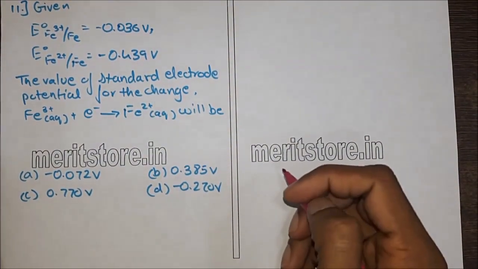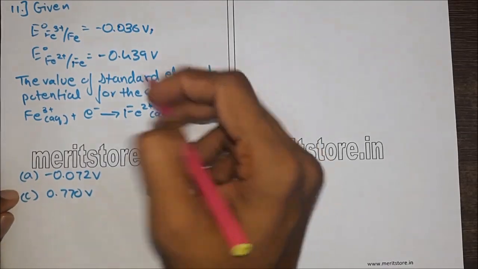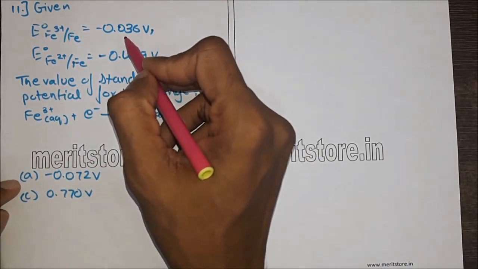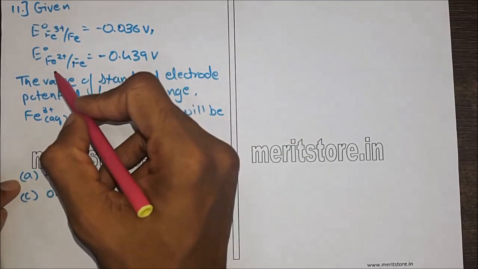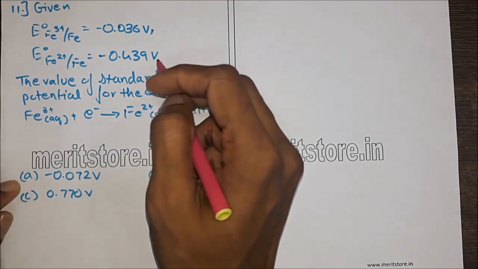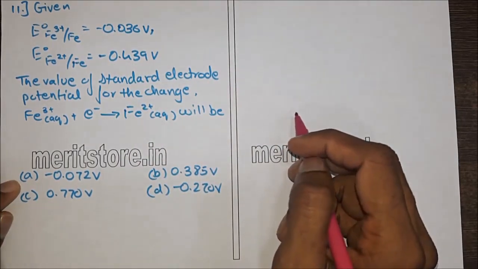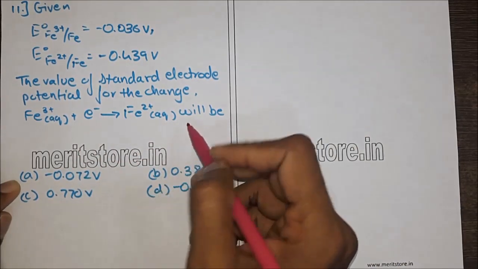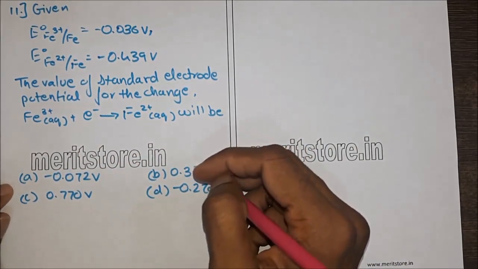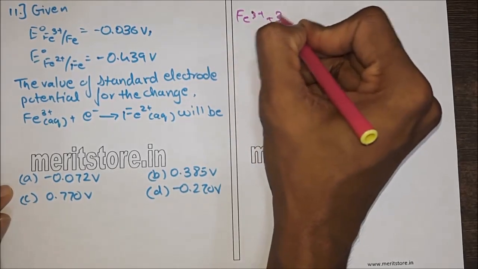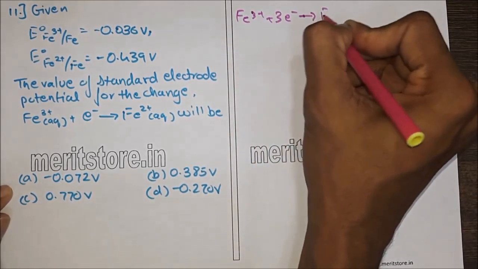Question 11. Given standard electrode potential E0 of iron is minus 0.036, and for Fe2+ is given as minus 0.439 volt. The value of standard electrode potential for the change given over here will be, given 4 options over here. So for Fe3+ plus 3e gives out Fe.